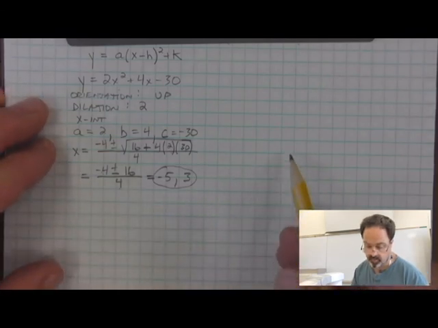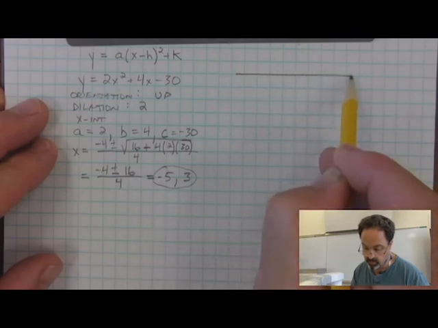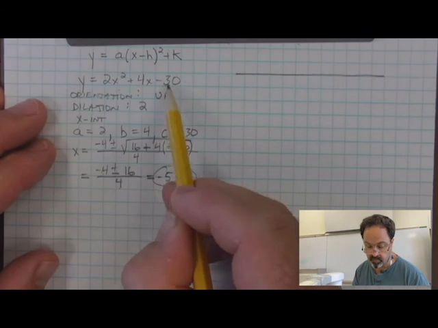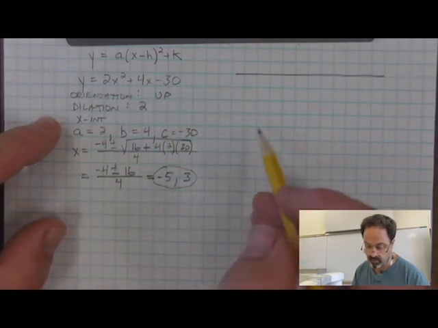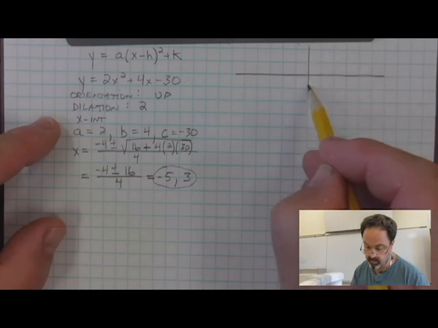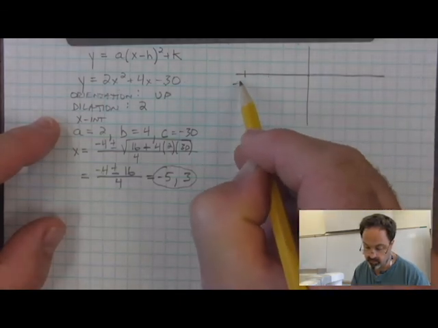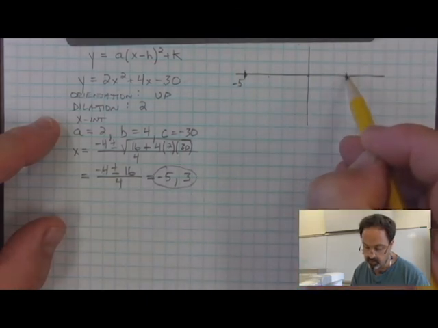I am ready to present the beginnings of a graph of this equation with this information. I know that I have an x-intercept at -5 and an x-intercept at 3.